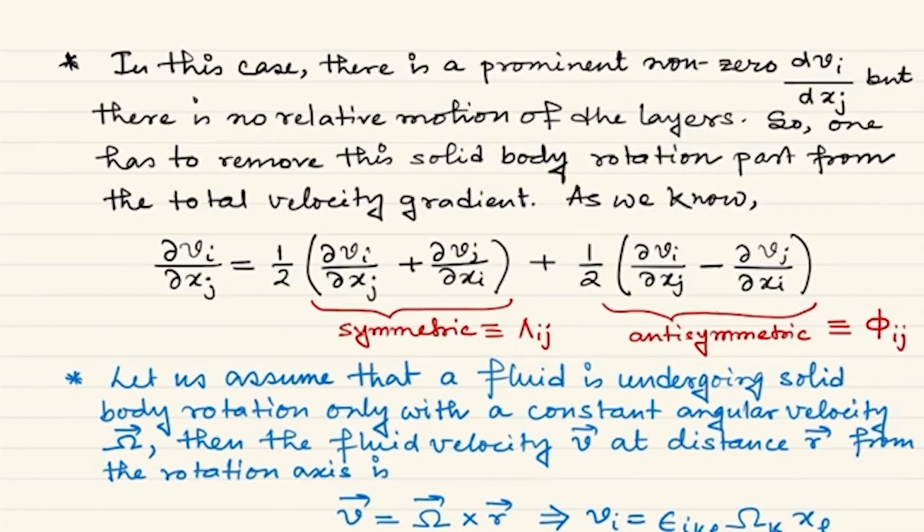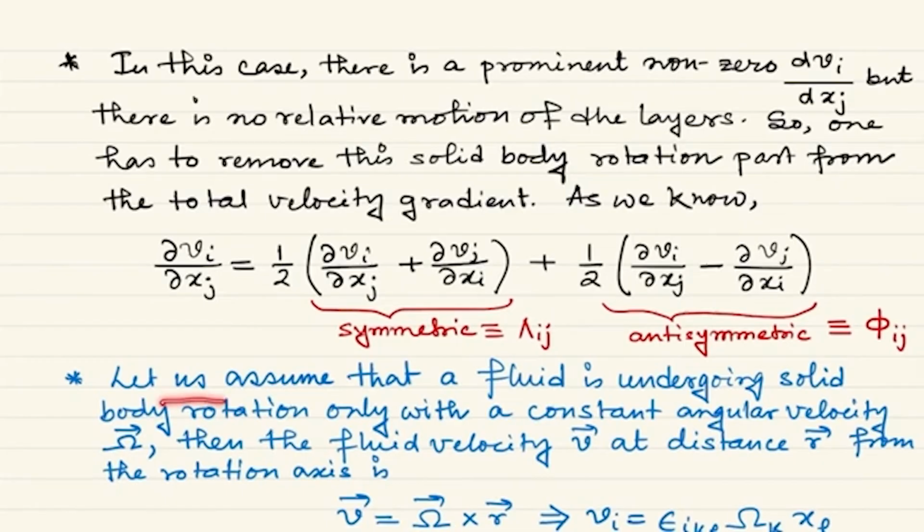How to do that? We can write the velocity gradient component as a sum of a symmetric part and an antisymmetric part. The symmetric part we call capital lambda ij, and the antisymmetric part we call capital phi ij. This is just an a plus b, a minus b type of thing.